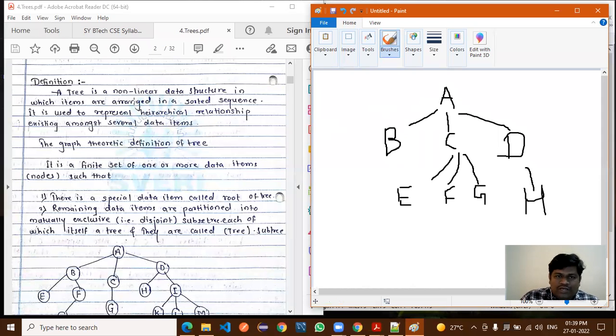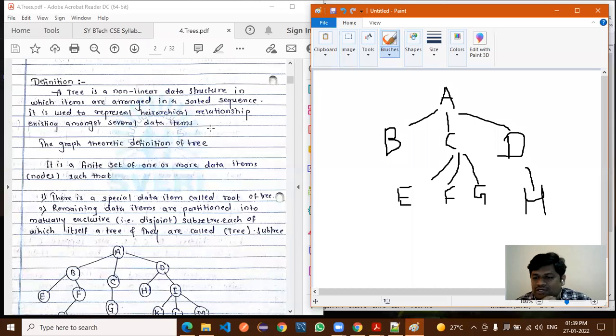So in the case of tree, the first statement is: a tree is a non-linear data structure in which atoms are arranged in a sorted sequence, right? It is used to represent what type of relationship? Hierarchical relationship existing among the several data items.